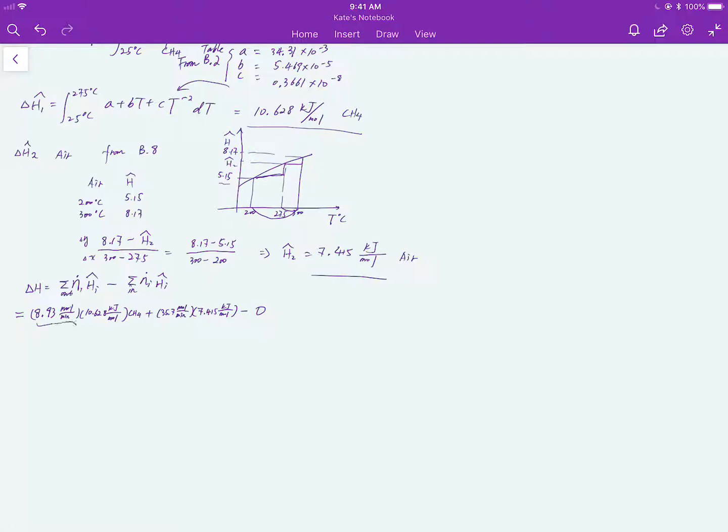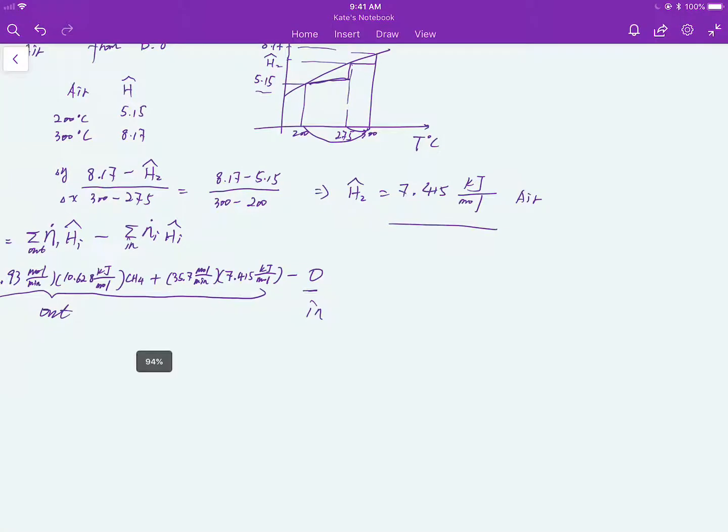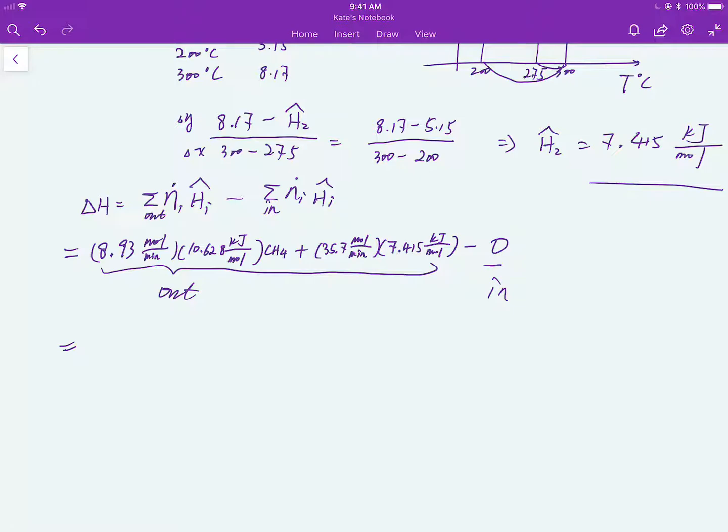Now this is for the outlet stream, and this is the inlet. There we can get 359.6 kilojoule per minute, based on the units I have.